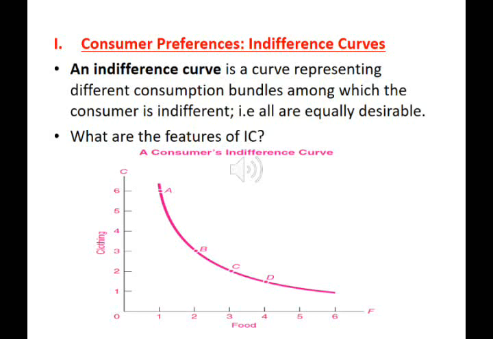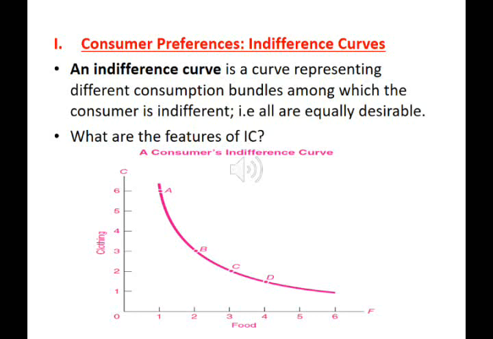This reflects a very important property in economics, which is called the law of diminishing marginal rate of substitution, MRS. So what is MRS? Marginal rate of substitution, or MRS, measures how a person substitutes one good for another.